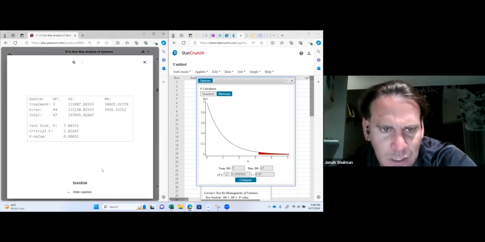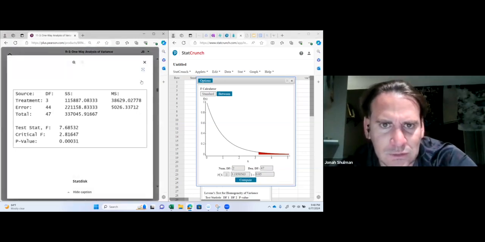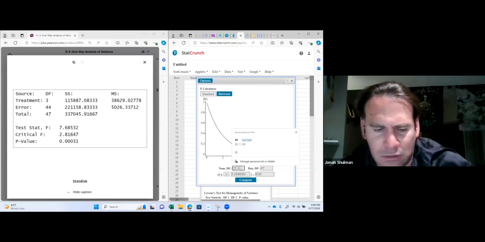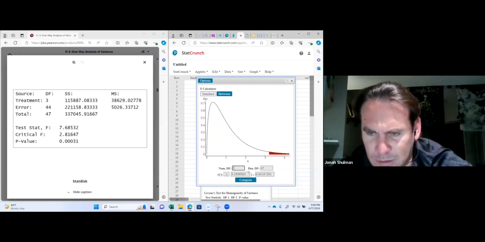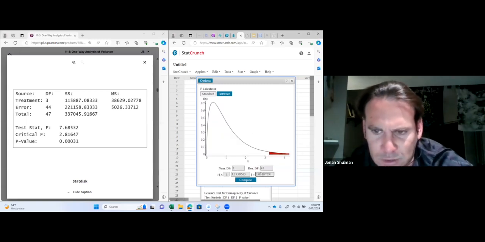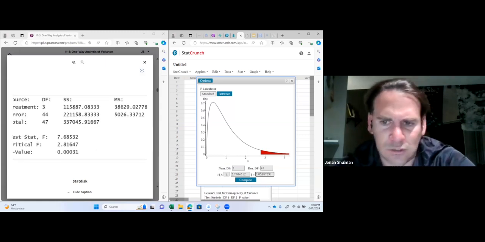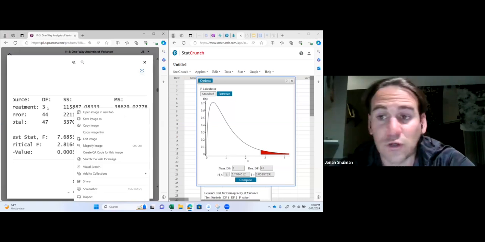They got a 2.81. So let's figure out how they got this critical value. Unless the top is 3. Should it be 3? All right, let's see what they got. All right. So their degrees of freedom is 3. Oh, because there were 4 groups.